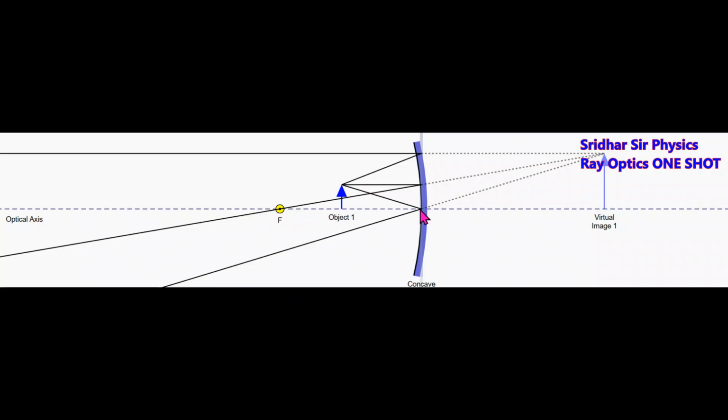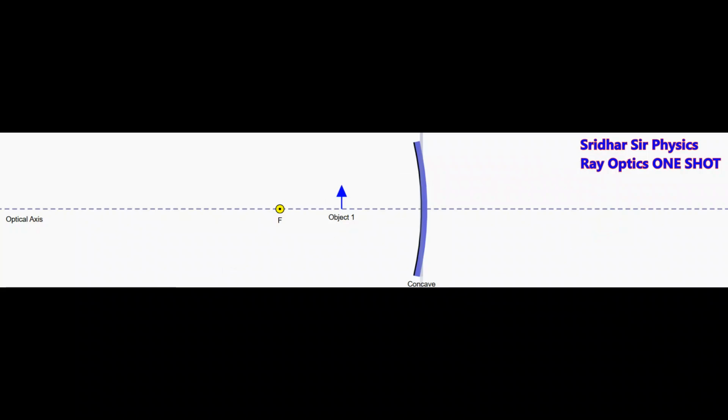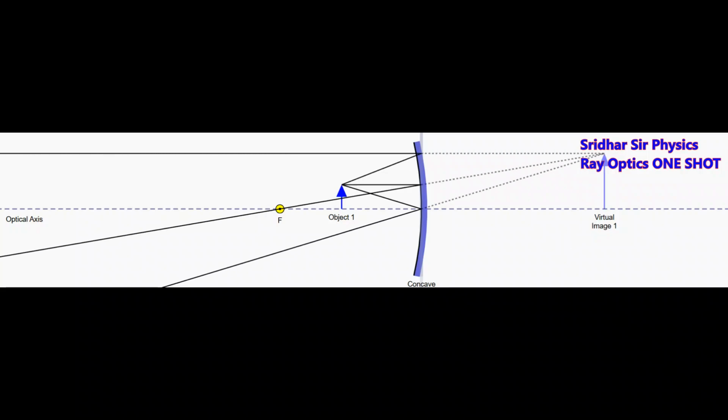Another ray incident at the pole gets reflected symmetrically. A ray incident here, after reflection, will pass through like this. So now this will be a virtual image. These are the reflected rays. So for a real object, the image will be virtual, erect, and magnified. The rays will undergo reflection like this.